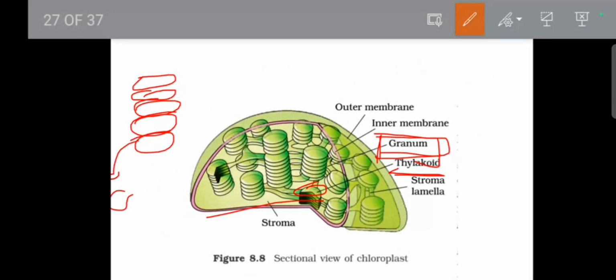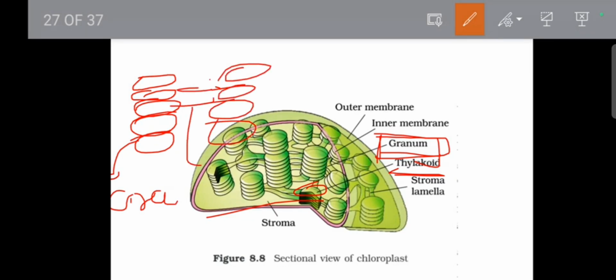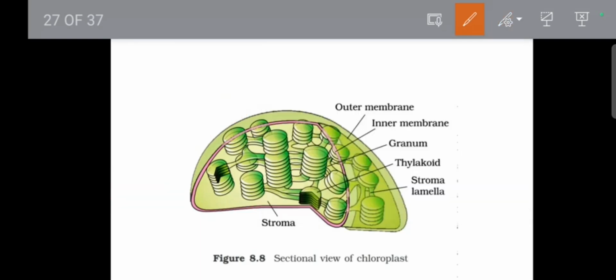Each granum is connected with another by the stroma lamellae, as seen in this figure. The stroma lamellae connect the grana, or the single units called thylakoids.